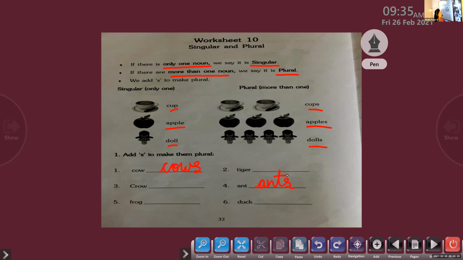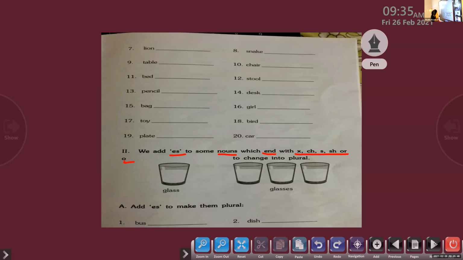Thank you. Tirtha, unmute. Try number 5. Spelling. FROGS. Okay, very good. Thank you. Joseph Sebi, unmute.